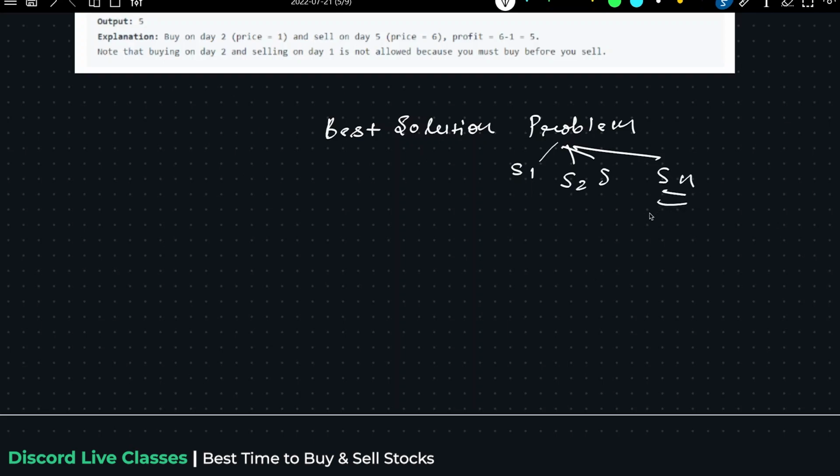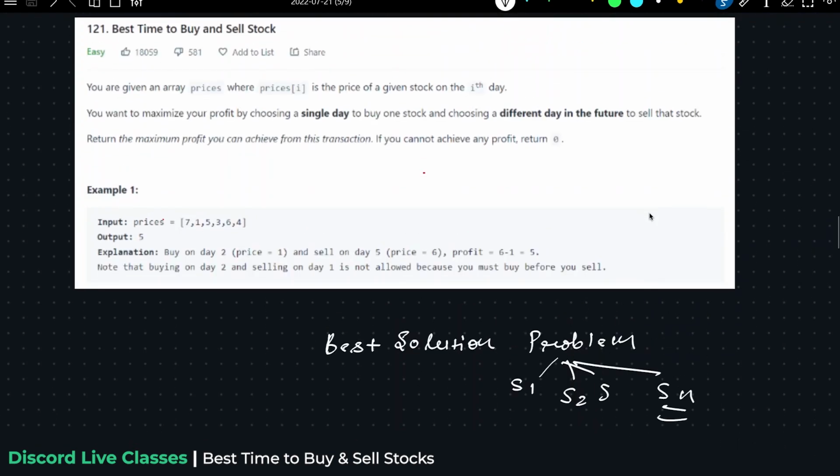But my first goal is to give a solution of this problem in front of the interviewer, or in real life. If this solution is not good for me, suppose it's taking a lot of time, then we will choose another if it is available. If it is not available, then we have to choose the one that is available, right? So this is something you have to keep in your mind when approaching the problem.